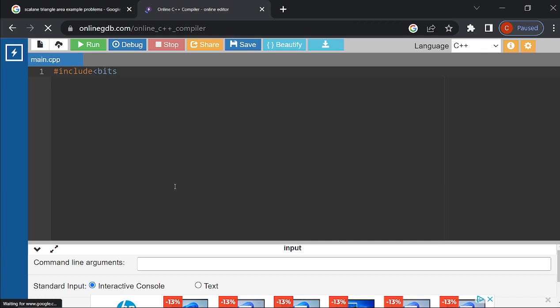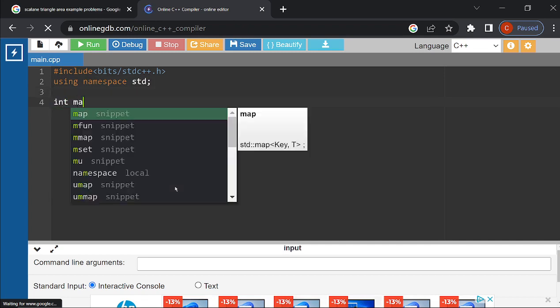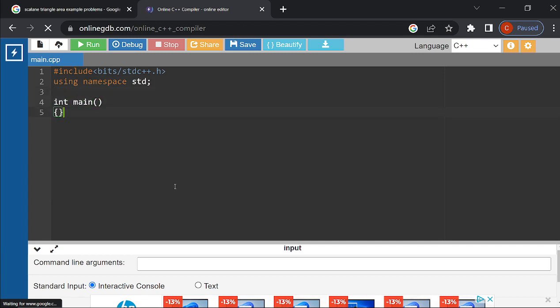I have told you about this library in the previous video: using namespace std. Now in main, you have to input two values.